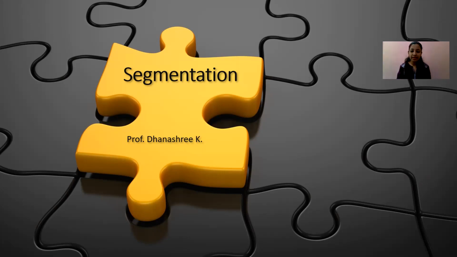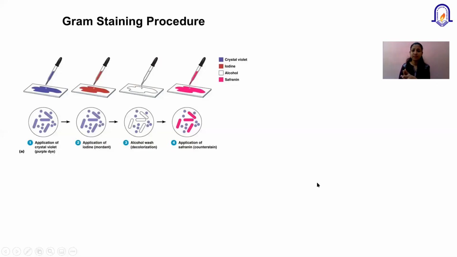So, in your second year, you might have done the experiment of gram staining. I guess everyone is aware of gram staining. What you do in gram staining, you apply some different chemicals, iodine, alcohol, some liquids on it, so that it will capture different colors.